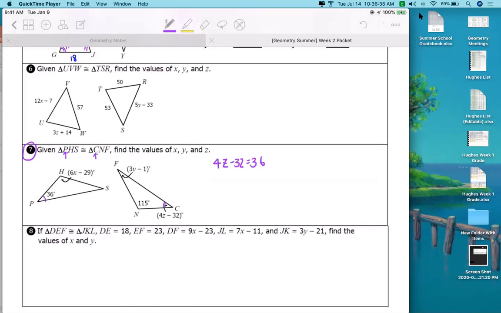And then you can just use your algebra to solve for Z. And then we got H and N. So H is over here and N is down here. That means I'm going to have 6x minus 29 equals 115.